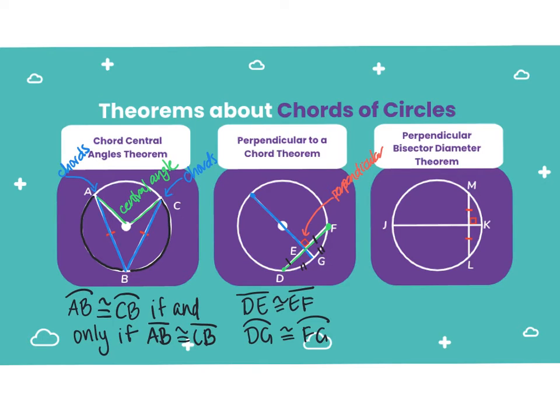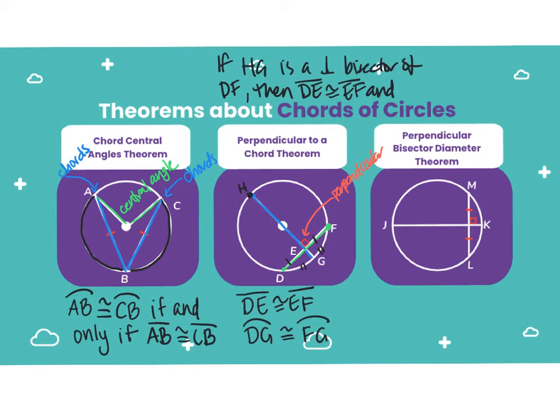So notice how the theorem in the middle says if HG is a perpendicular bisector of DF, then DE is congruent to EF, and DG is congruent to FG. But we also know that HG is the diameter.